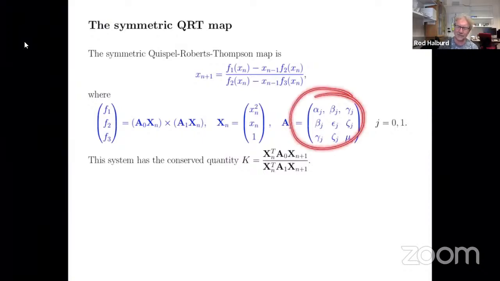You take a couple of general symmetric matrices, you multiply them by these x's, you take the cross products, and the different components give you these different f's.